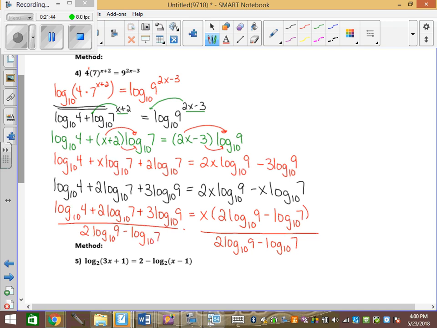Now you could put these into your calculator and get a decimal, but if they say exact value, there is actually an extra step. So on the top, I can put all those logs together, but I'm going to drop the log base 10 for now.